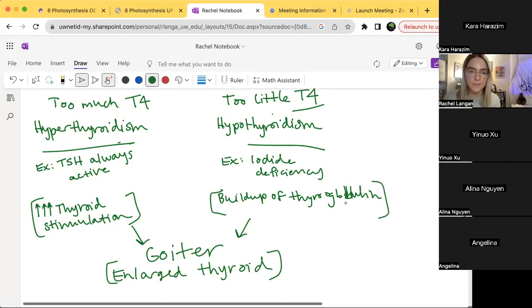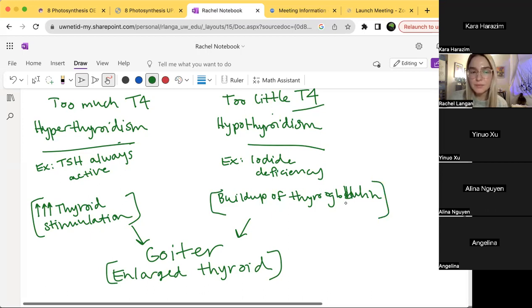Yeah, Kira. I had a question about the goiter and the enlarged thyroid in general. On the practice questions, when we were looking at the difference between hyperthyroidism and hypothyroidism for the goiter, it always kind of circled back to an increase of thyroglobulin.